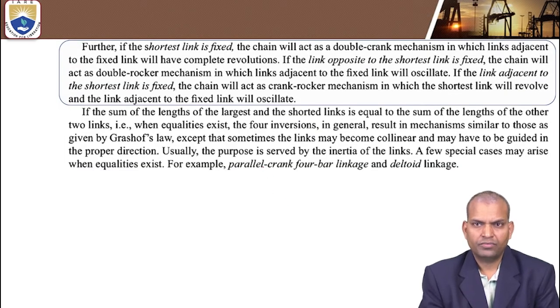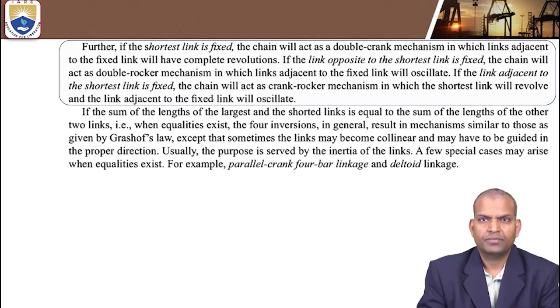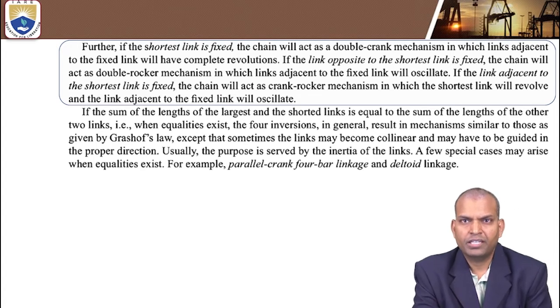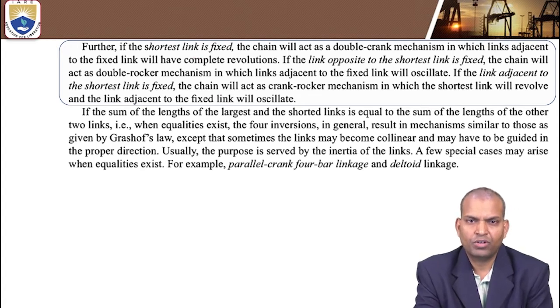Now we are summarizing very briefly what happens here. If the shortest link is fixed, the chain will act as a double crank mechanism, in which the links adjacent to the fixed link will have complete revolutions.